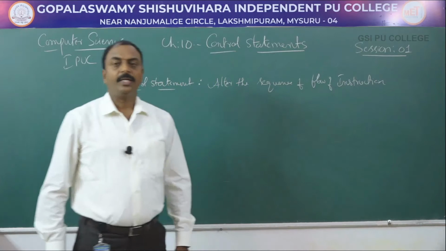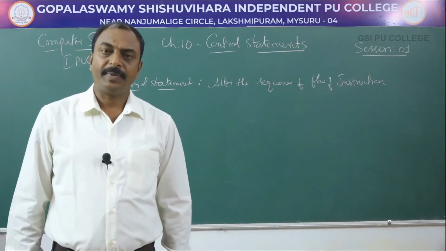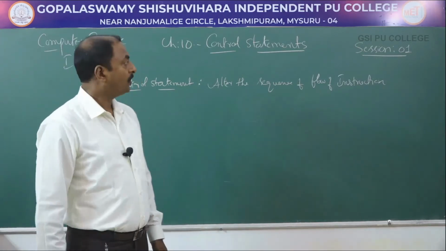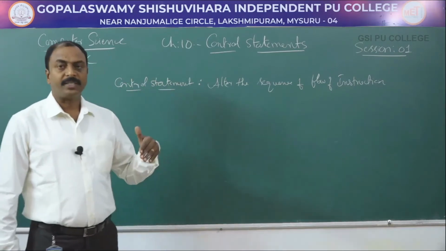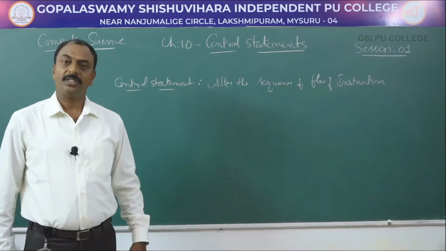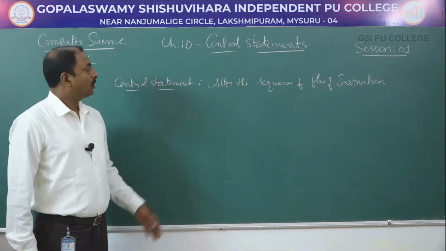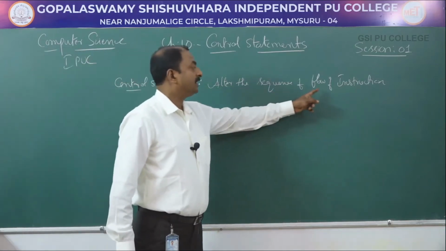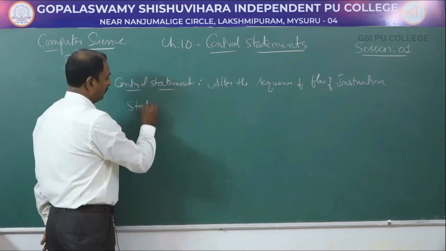In general, in a computer program, the statements are executed one by one in an order. Suppose a programmer would like to change the sequence of instructions in the program, then we can make use of these control statements. So control statements are used to alter the sequence of flow of instructions in a program.